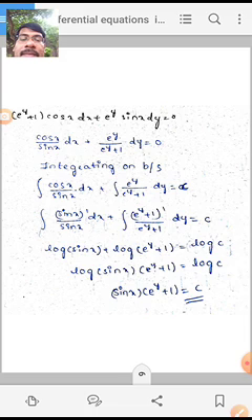Here this one is f dash of x by f of x. Integration of f dash of x by f of x dx is log f of x. That is log sin x plus log (e power y plus 1) plus log c. Here log of sin x (e power y plus 1) equal to log c. Here sin x (e power y plus 1) equal to c.